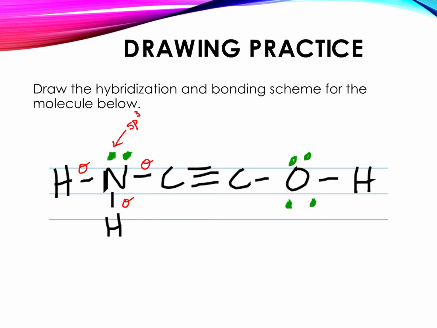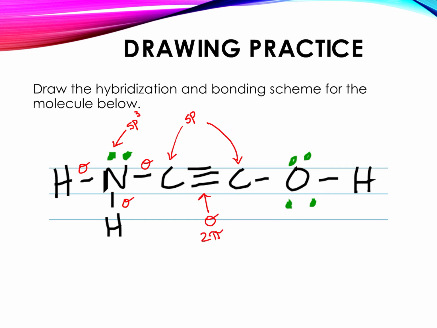This left carbon here has 2 areas of electron density, the single bond to the nitrogen and the triple bond to the other carbon. So this carbon is sp hybridized, as well as this other one. That one also has 2 areas of electron density, so it will also be sp. In this triple bond here, this will be a sigma bond and 2 pi bonds.